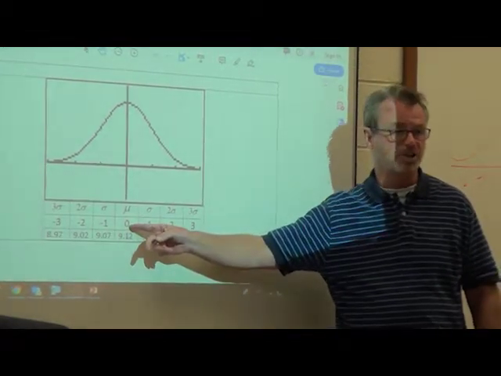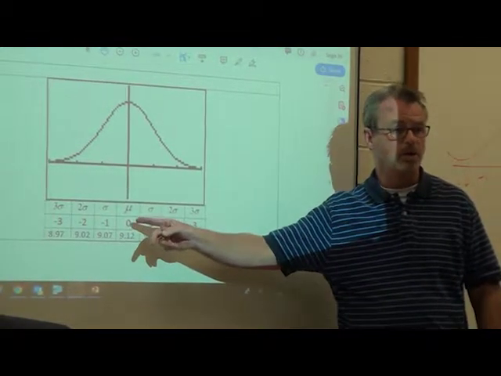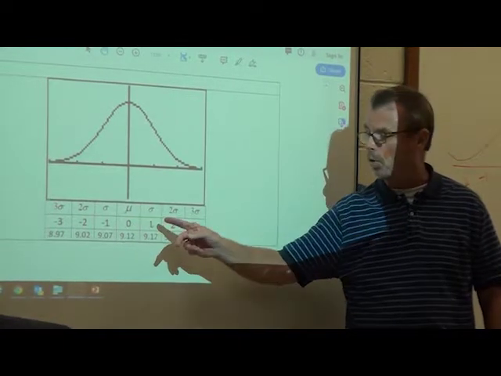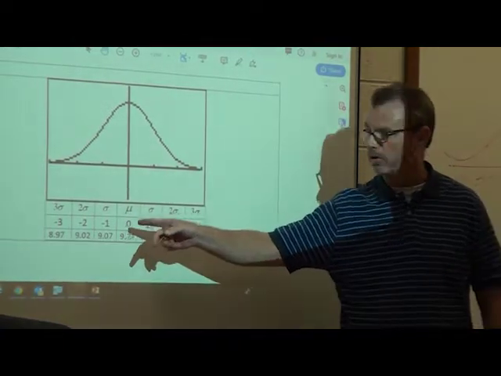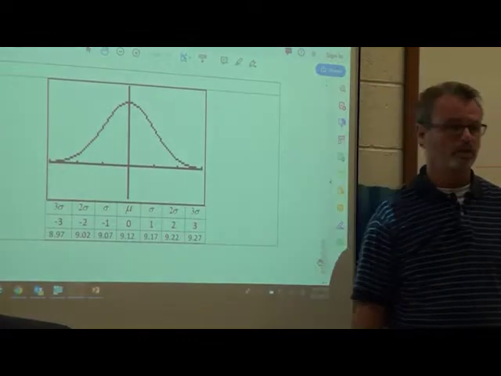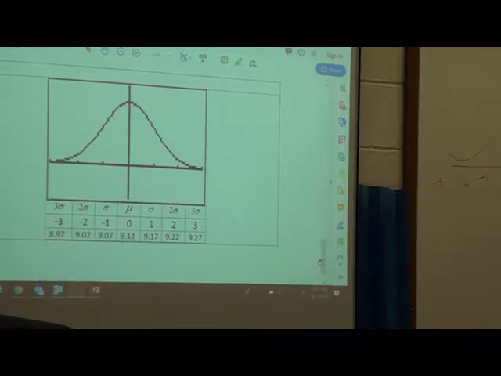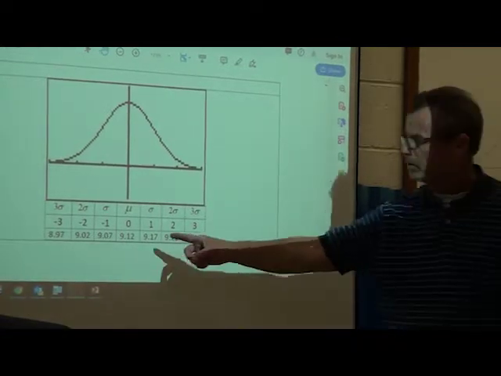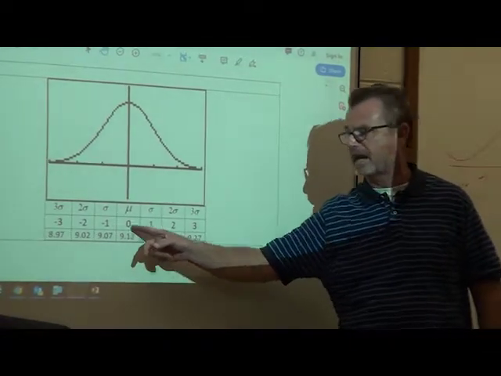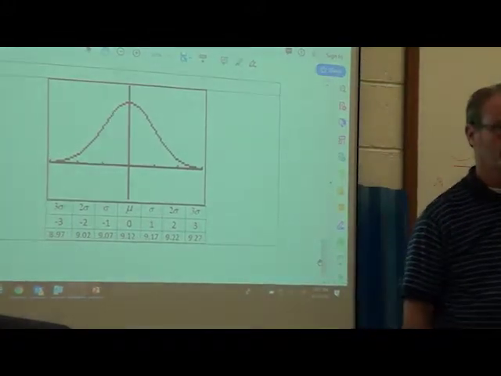Here are the z-scores, the standardized scores. 0, dead center. 1 standard deviation to the right, 1 to the left, 2 to the left. And then you just literally count by increments of the standard deviation, which they told you is 5 hundredths. So you're here, count up by 5 hundredths, count down by 5 hundredths.